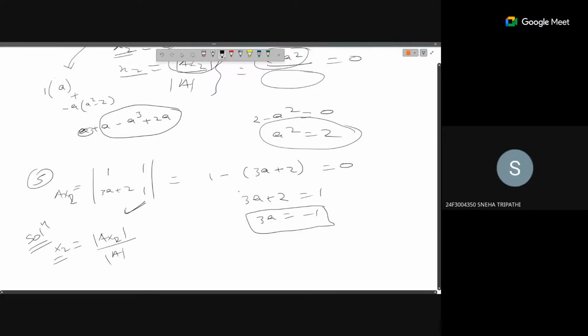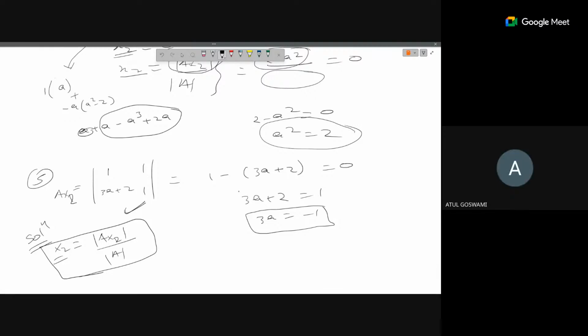Sir, here it is written x2 is equal to 0. So it is not necessary that the determinant of Ax2 is also 0. Yes, it is not necessary, but what I'm saying is how to find x2 using this.